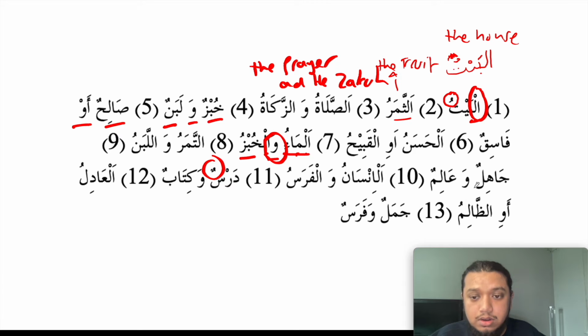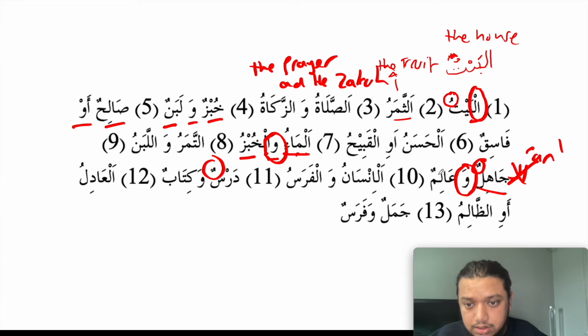Jahilun wa alimun, an ignorant person and a knowledgeable person. Remember, no alif lam, and there's tanween, so it's translated with a. Al-insanu wal-faras, man and the horse. So in this specific context, al-insan is literally the man, but generally refers to mankind.